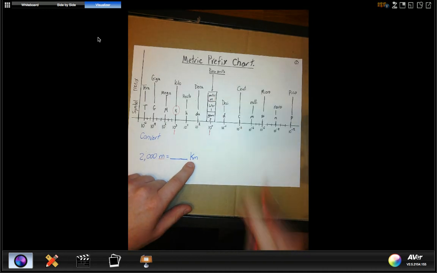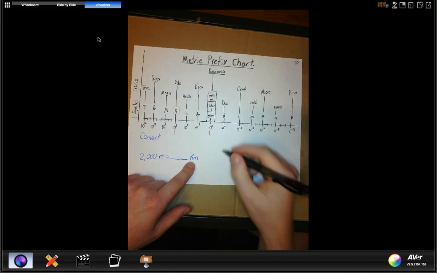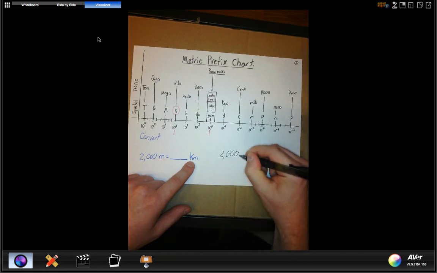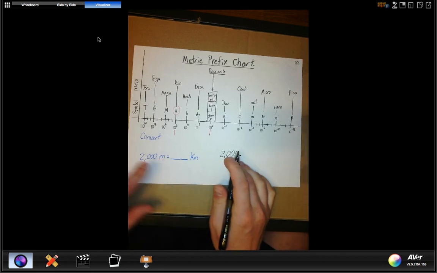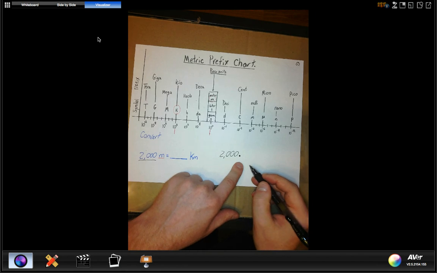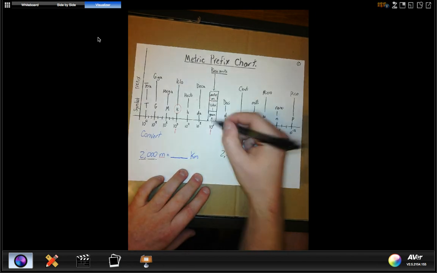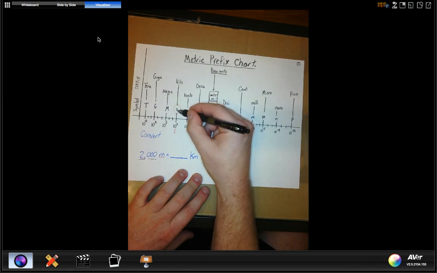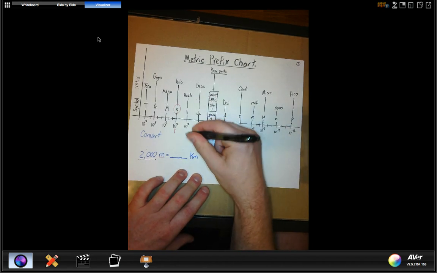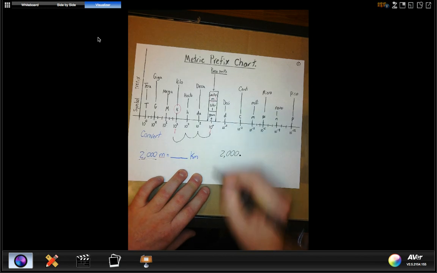So once again, I need to write 2,000 with my decimal point. This is just what I started with. I got to figure out how I'm going to move this decimal point. Well, if I start at meters and end at kilometers, I'm going to move it 1, 2, 3.